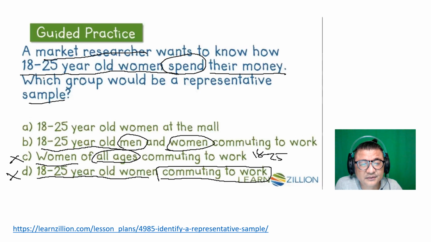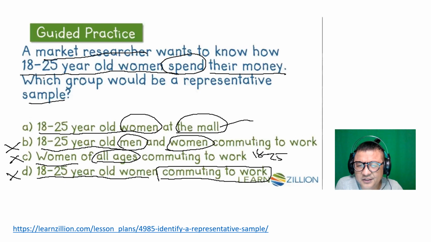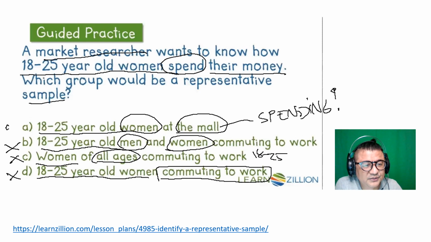No, not men, women, not you. 18 to 25-year-old women at the mall. Are they spending money in the mall? Yes, they are spending money. And we want to know, what are you buying, right? So they're the perfect sample. This is the best sample to get answers for my research.